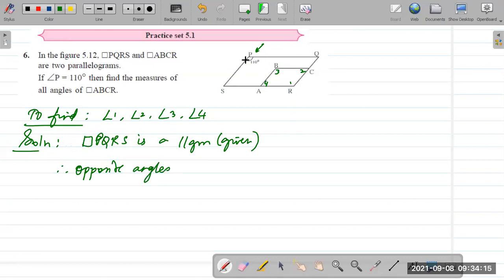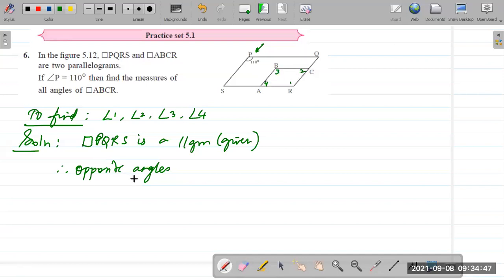If this is 110, then the opposite angle is R. Opposite to P, it's R. So that means angle 1 is equal to 110. Once we know this angle, we can say that opposite to 1 is 3. ABCR is also a parallelogram. If 1 is 110, angle 3 will also be 110 because opposite angles are equal. And then by using the adjacent angle property, we can find angle 2 and angle 4.